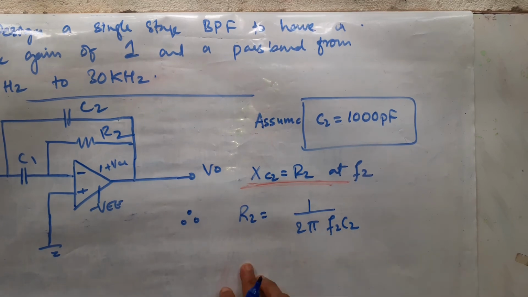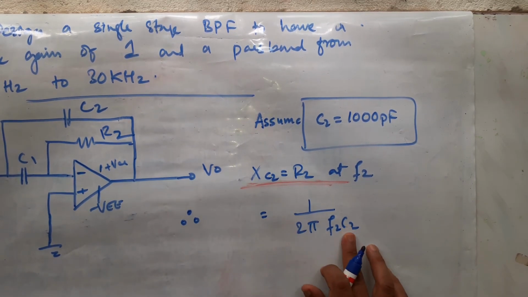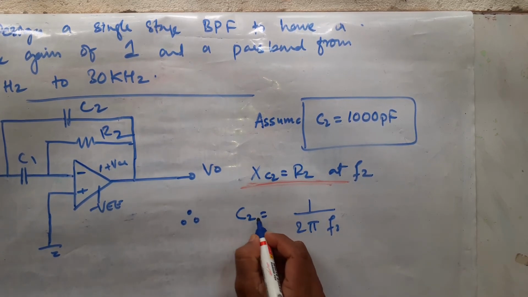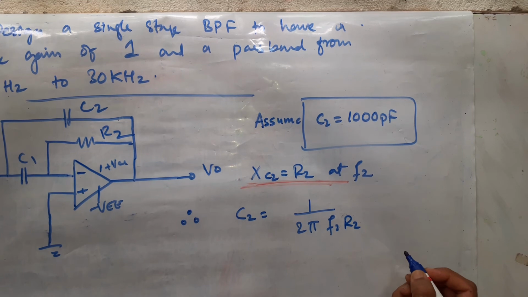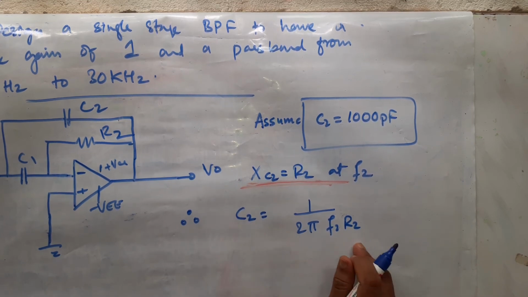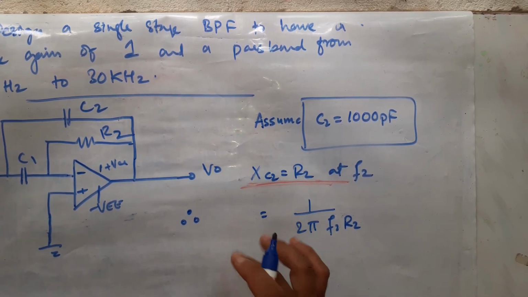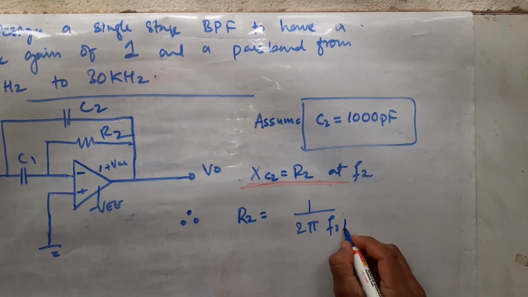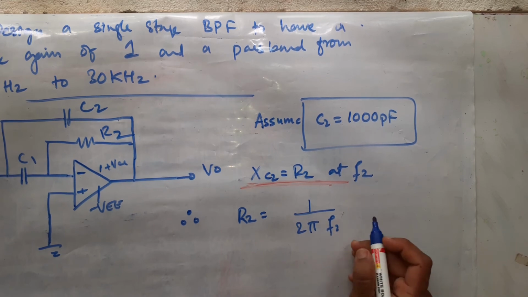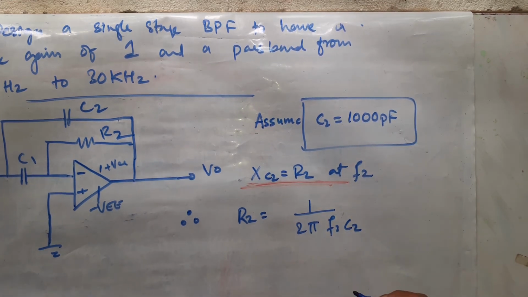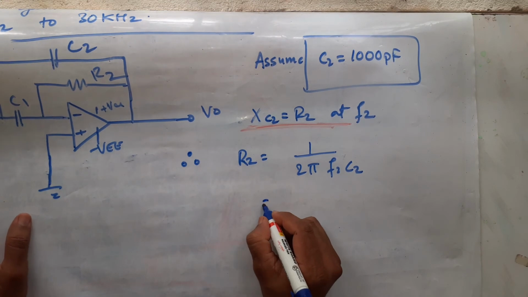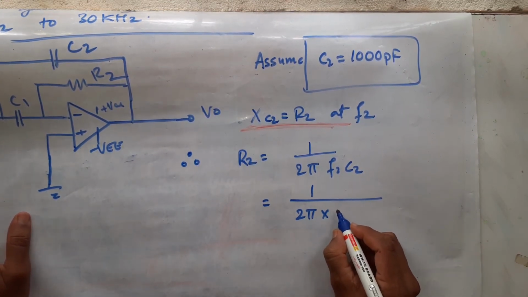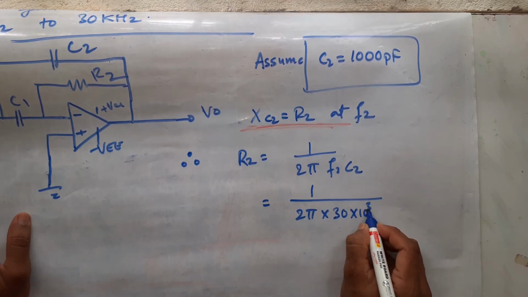If you are getting confused, I will replace this. That is XC2 equal to R2. So this R2 I have taken here and C2 is here. Therefore, R2 is equal to 1 over 2 pi F2 into C2, because C2 we have already assumed. So if you substitute, what you will get? 2 pi, what is F2 given to you? 30 kilohertz.